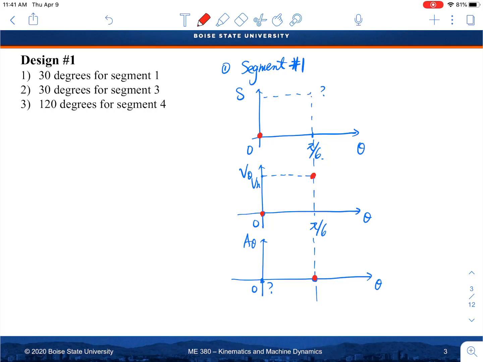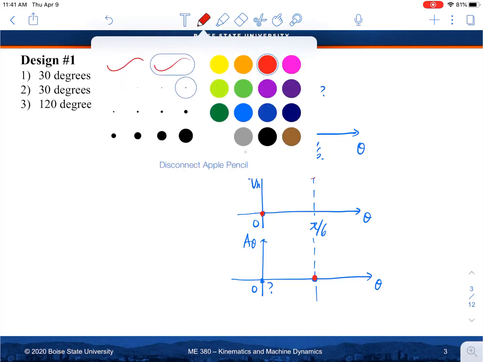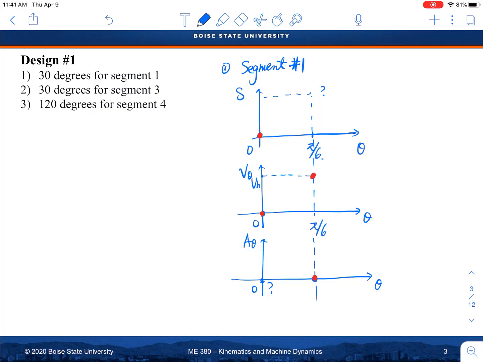So in total, you're going to have 4 boundary conditions. So that means your Sx equals C0 plus C1x plus C2x squared plus C3x cubed. Because we have 4 boundary conditions, we can only assign 4 unknowns to the polynomial.